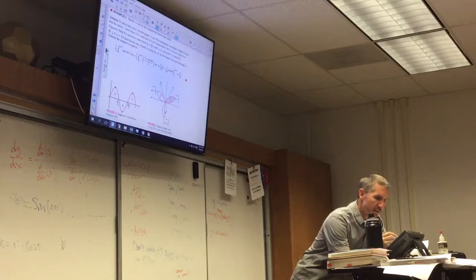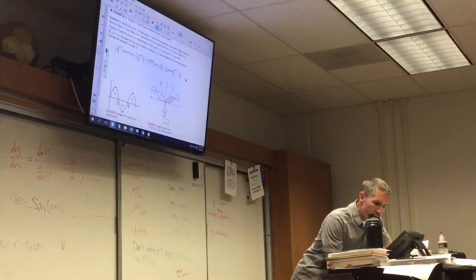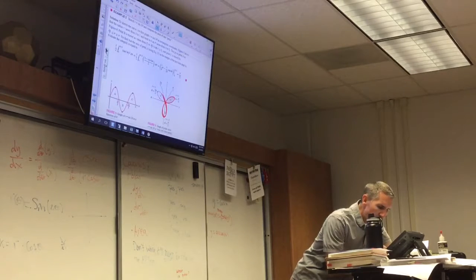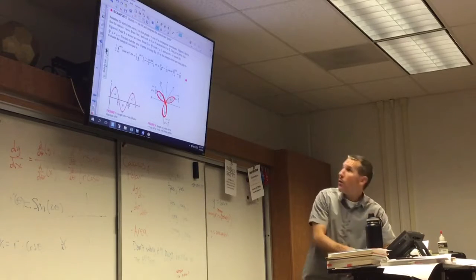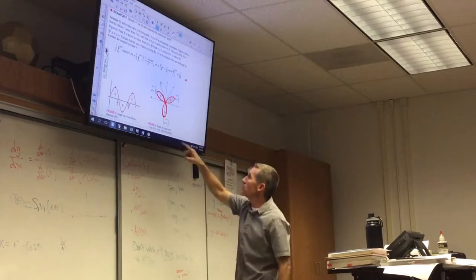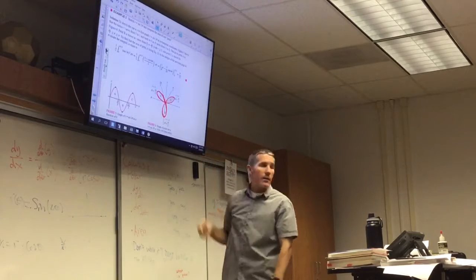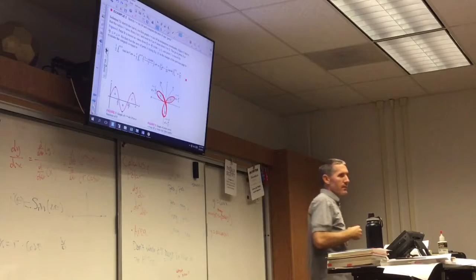If I were to trace it, let me choose something bold. So it goes right there, and then it hits because r is equal to 0 again, and then it goes down here, and then it hits because r is equal to 0, and then it goes up here, and then it hits because r is equal to 0, and then it keeps doing that again and again and again.